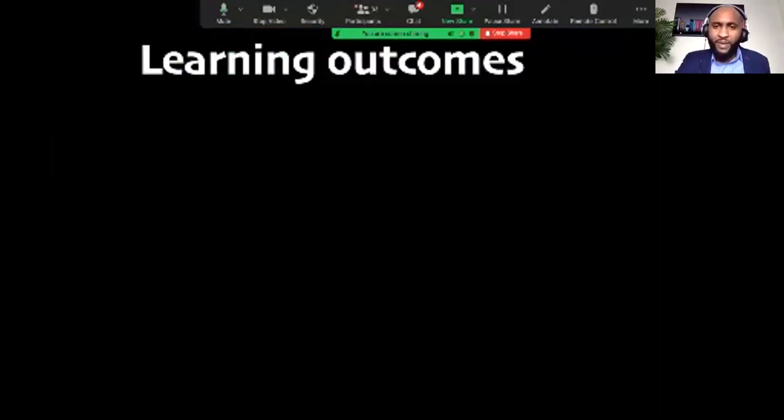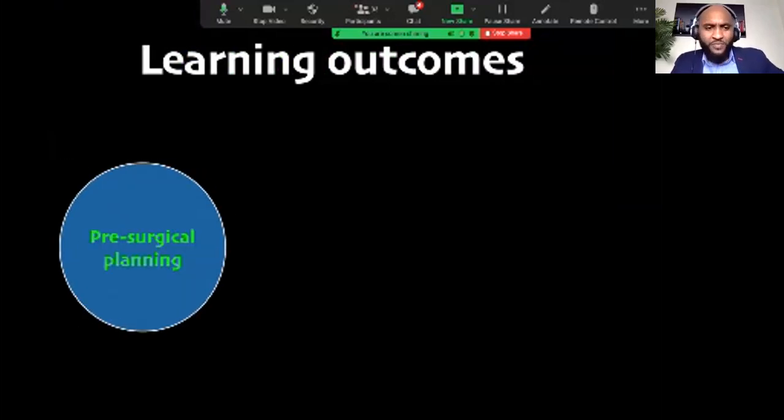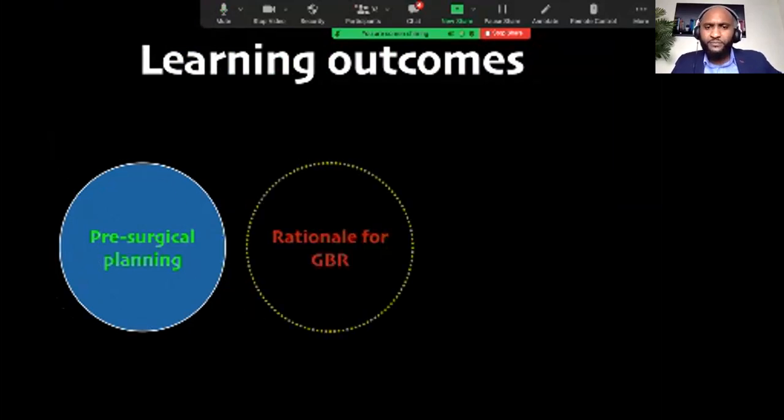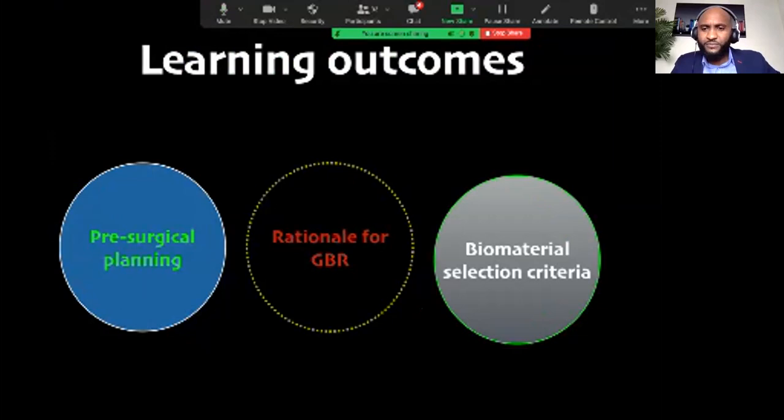Now, by the end of this presentation, I hope that we shall have appreciated the need for pre-surgical planning. We shall also appreciate the rationale behind guided bone regeneration. And we shall have understood biomaterial selection criteria, because there are so many materials in the market. How do you choose which material to use?